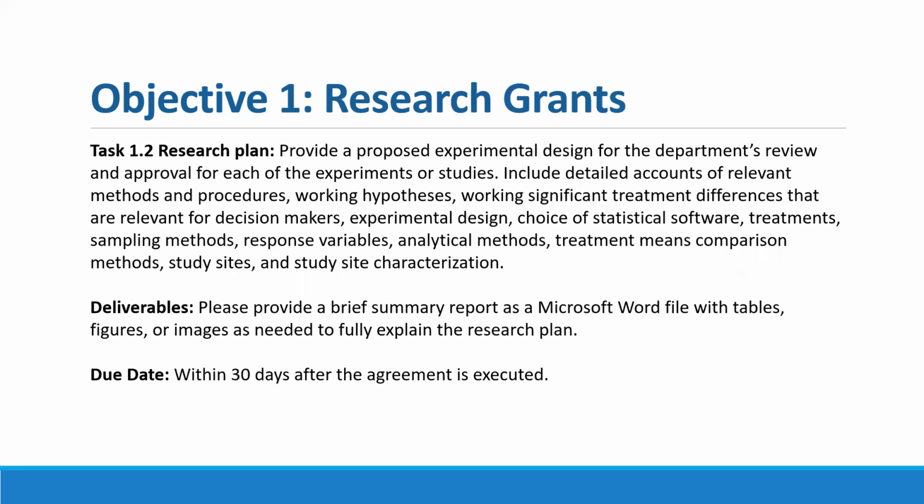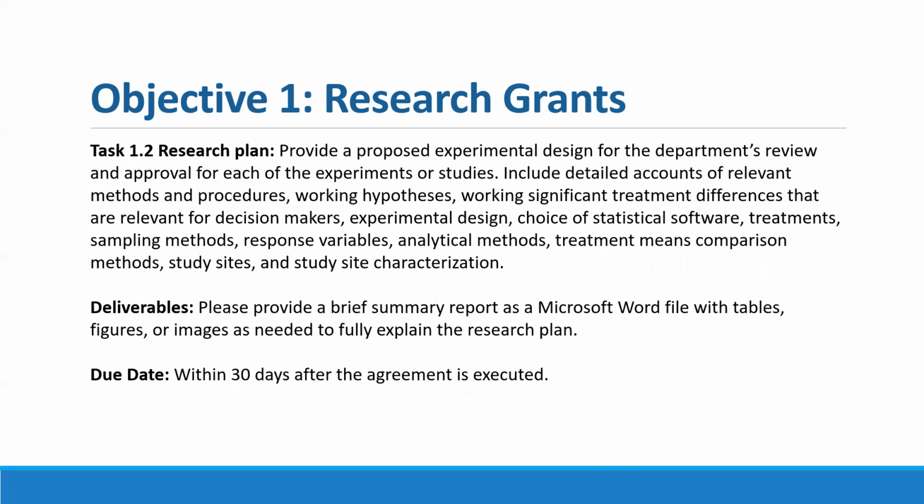All right, within the research grants scope of work, task 1.2 is to complete a research plan. This is going to be a proposed experimental design for department review, and it's really going to detail how the project is going to be conducted.